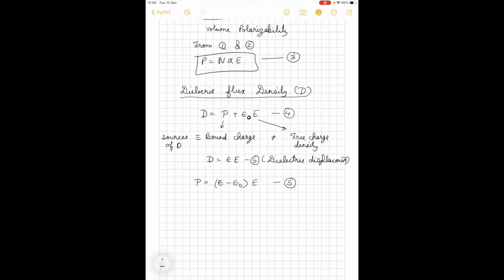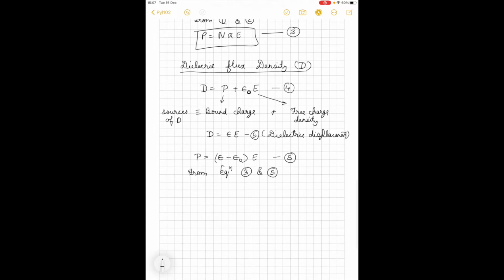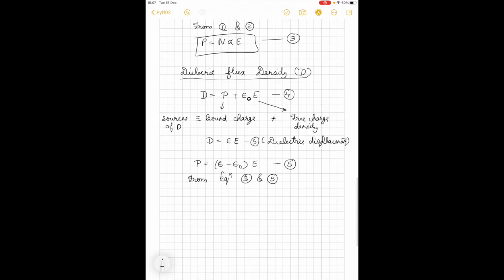So we have P is equal to N alpha E from equation 3, and from equation 3 and 5, if I equate them, I can write down the form of alpha.